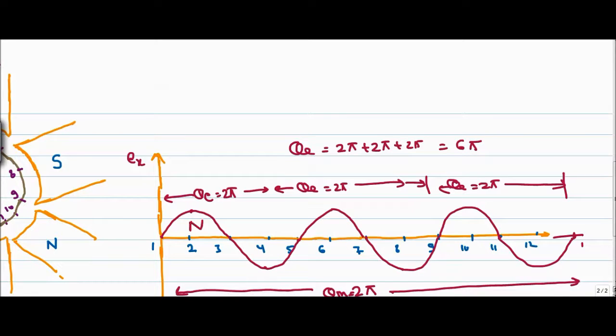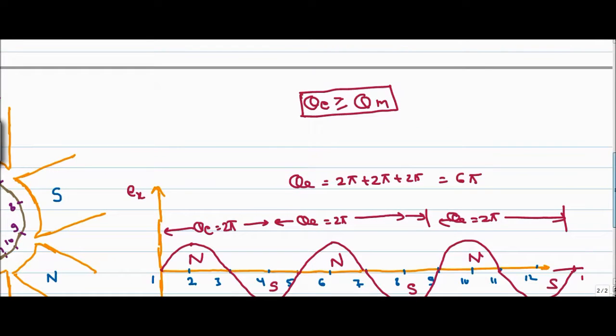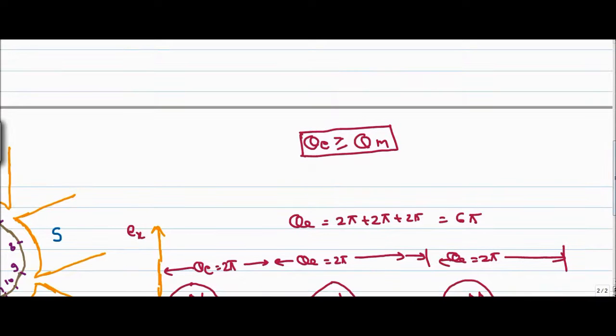It is on the north, then south, again north, then south, again north, then south. So the electrical angle is always equal to or greater than the mechanical angle. We have seen that at number of poles equal to 6, we have an electrical angle of 6 pi, and at number of poles equal to 4, we have an electrical angle of 4 pi.